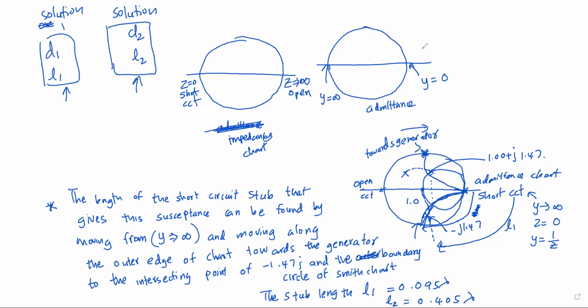So in the admittance chart, in here we will have the short circuit situation, and in here we will have the open circuit situation. In the impedance chart, in here we will have the open circuit situation and the short circuit in here.